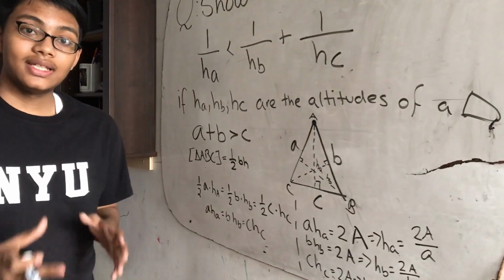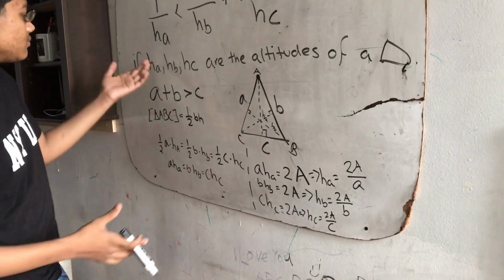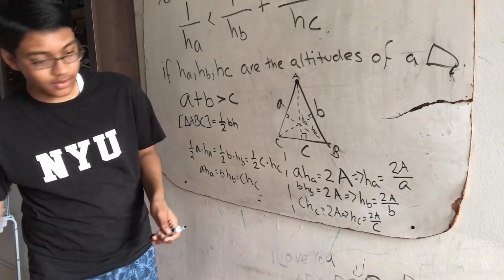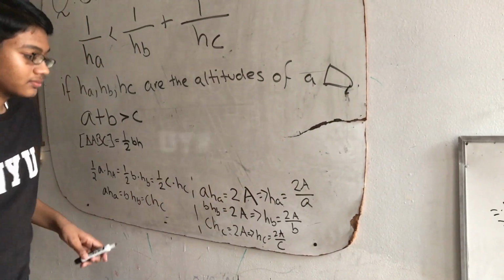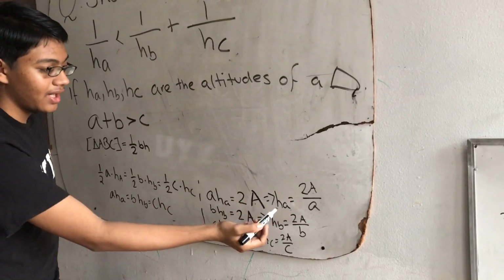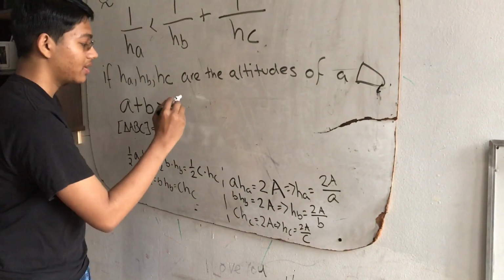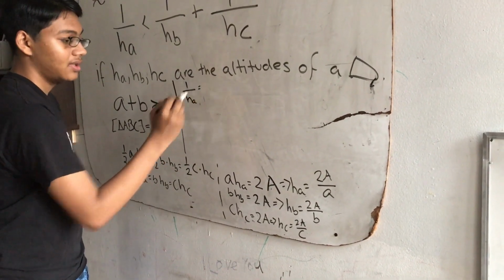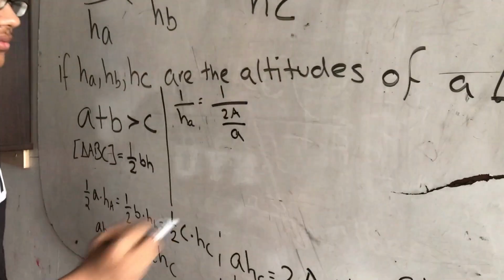Okay, so now we can directly apply our triangle inequality theorem. So now I need more space, so we will erase our triangle here. We have the same thing for the other two altitudes. Now what we are going to say is that 1 over the first altitude is going to be 1 over 2A over a.